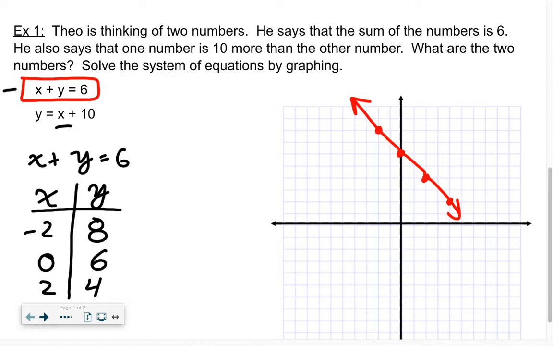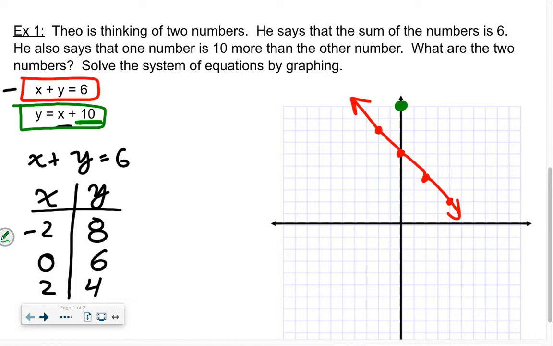Now we have to go to the second equation, and it is y is equal to x plus 10. Well, let's go back to how we started the lesson. We reviewed slope-intercept form. If we do that, we recognize that our y-intercept is that 10 value. So I'm going to go to my y-intercept and graph that point 10 right there.